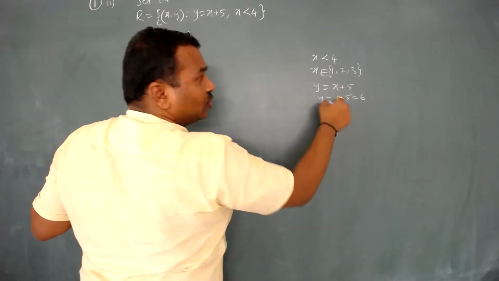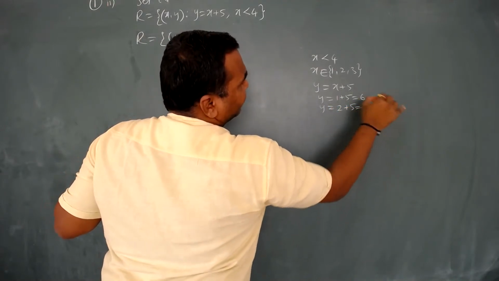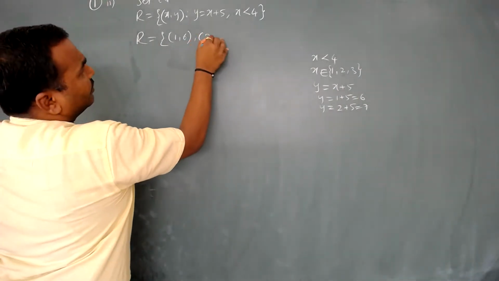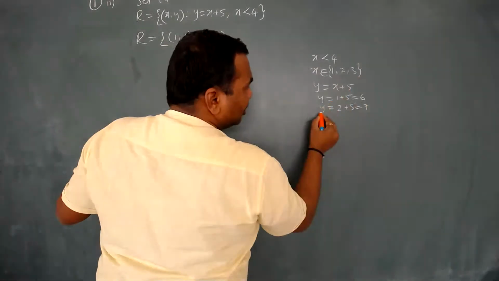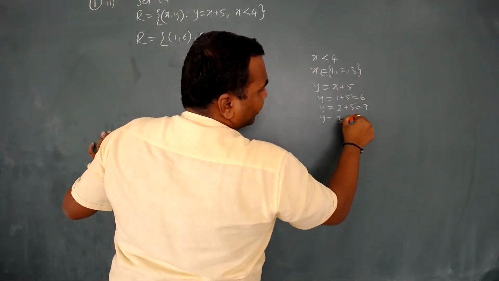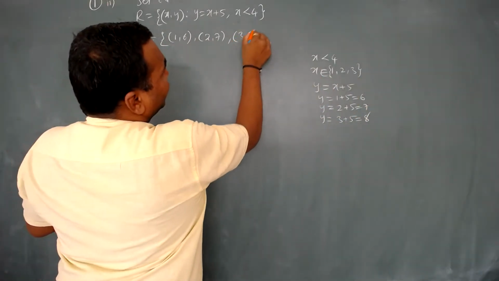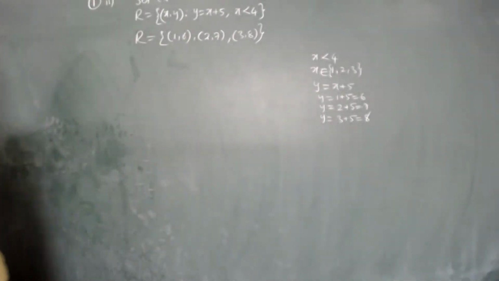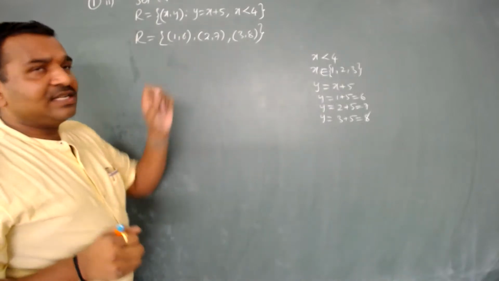Put x equal to 2: y is 2 plus 5, that is 7, so 2 comma 7. Put x equal to 3: y is 3 plus 5, that is 8, so the third element is 3 comma 8. This is the given relation in roster form.